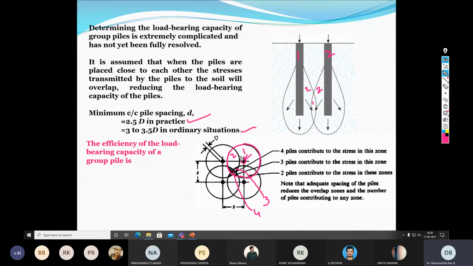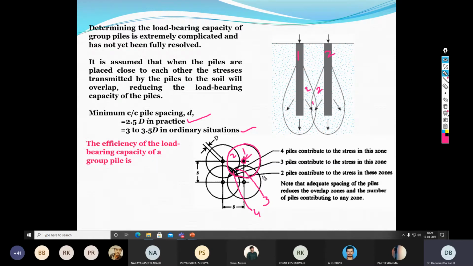Okay. Now, what is the takeaway from this illustrative diagram? It is strongly advised to minimize zone 3 and zone 4 to the least possible volume, so that the load coming from the 4 piles on zone 4 will be least and it won't undergo excess settlement.